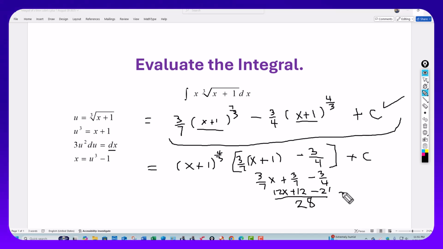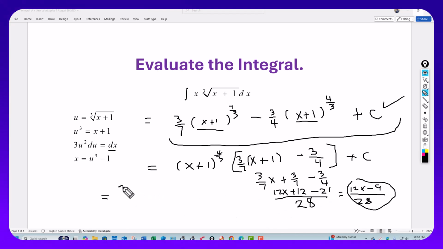And then we can combine. Got 12x here. This will be our minus 9 here, over 28. So then I'll come back over here. Equals. So this stuff in the brackets here simplified to this. So I'm going to take out the 1 over 28 and put that in front. And the 12 and the 9 have a factor of 3.